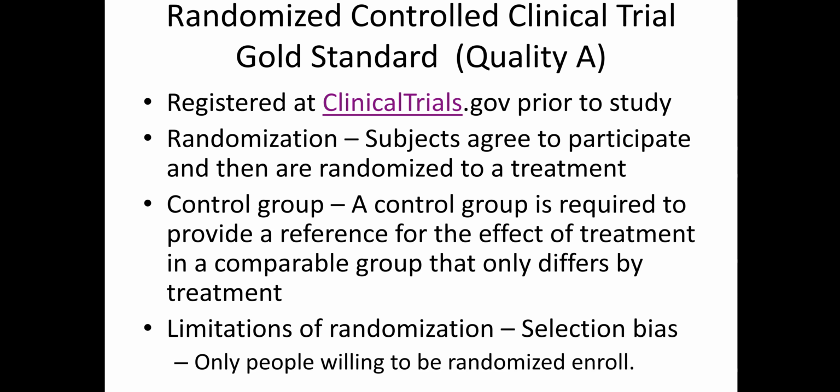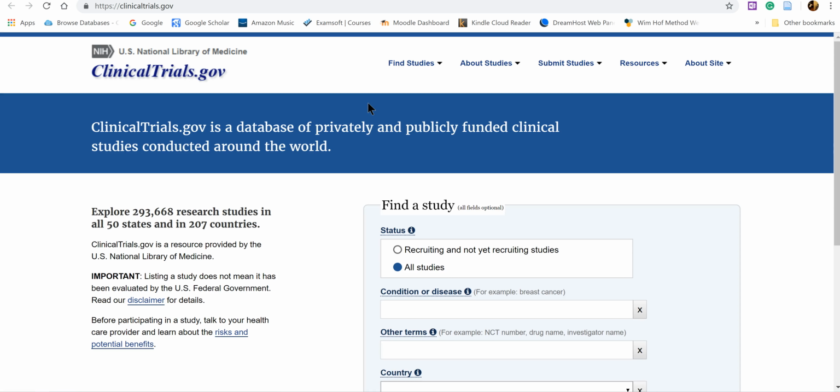So let's talk a little more about randomized controlled clinical trials, the gold standard. They have to be registered at clinicaltrials.gov. This is a site where if you're going to do a study, you sign up and give a brief methodology, and it's a place where you can recruit patients.